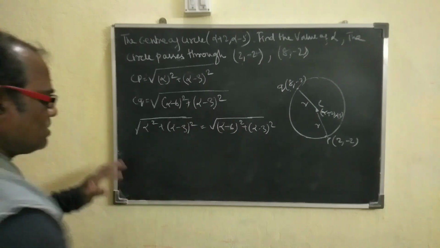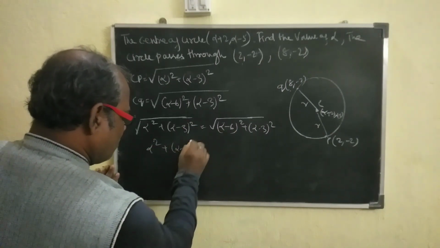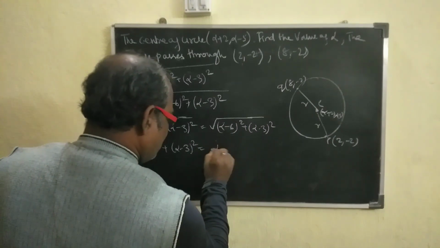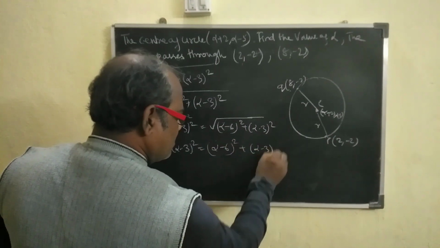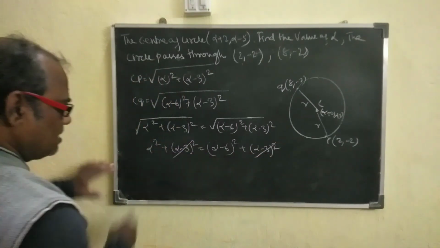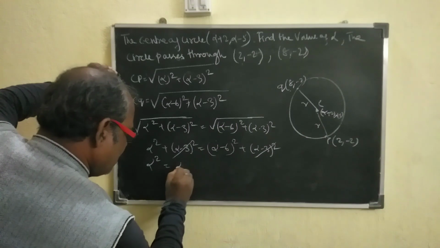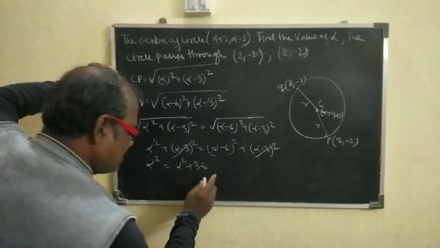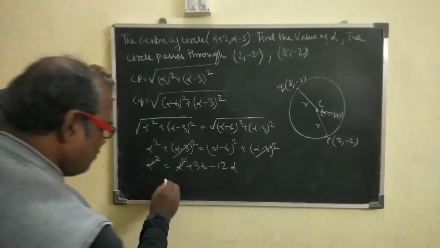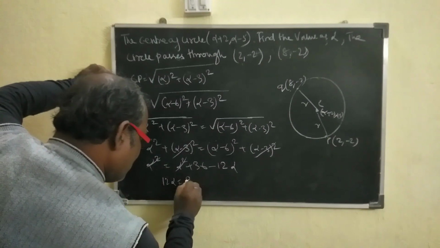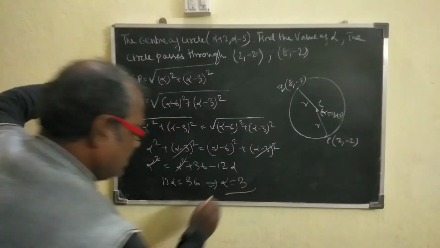Taking out the square roots, we cancel the common term, then alpha squared equals alpha squared plus 36 minus 12 alpha. This gets cancelled off, we get 12 alpha equals 36, which implies alpha equals 3.